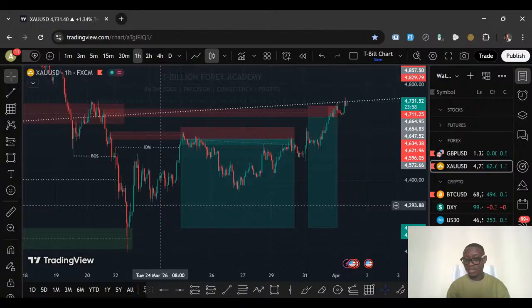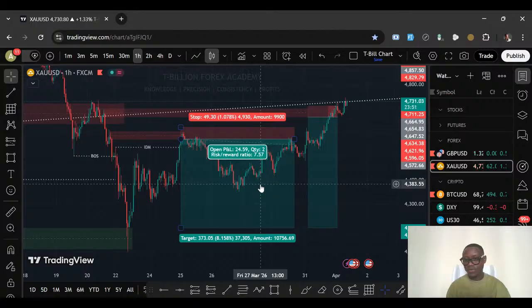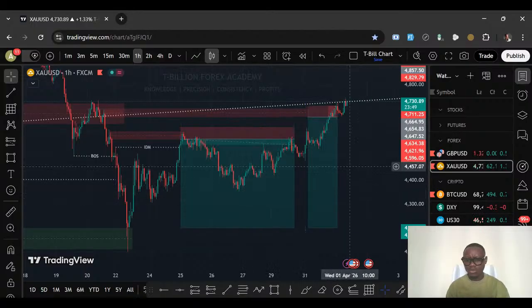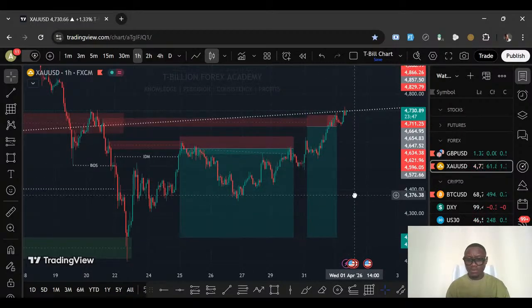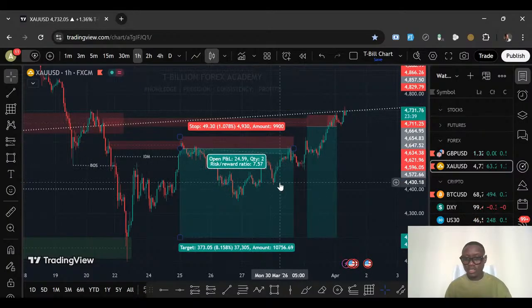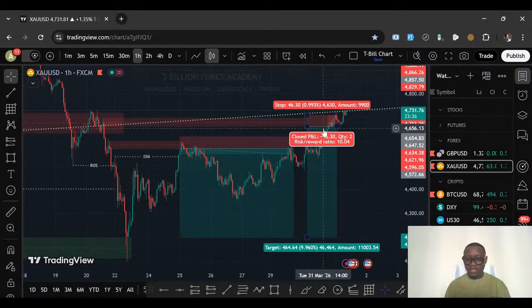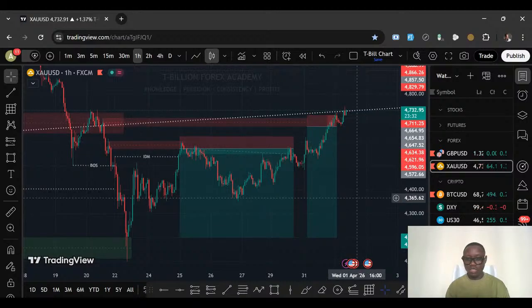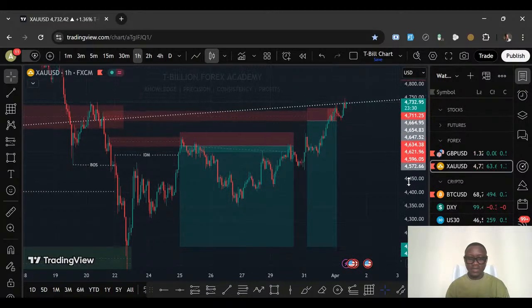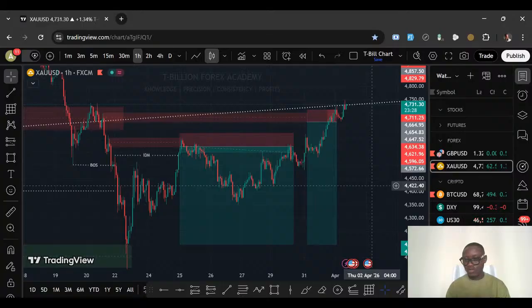We either hit TP or we hit SL, and of course, our minimum RR is 1:5. So you should expect that we keep our losses very minimal and our profits huge. So this, of course, is literally nothing. We didn't take this trade, as earlier mentioned, because of the bullish momentum we're getting on gold. So this is what price has been doing since our last session on XAUUSD.